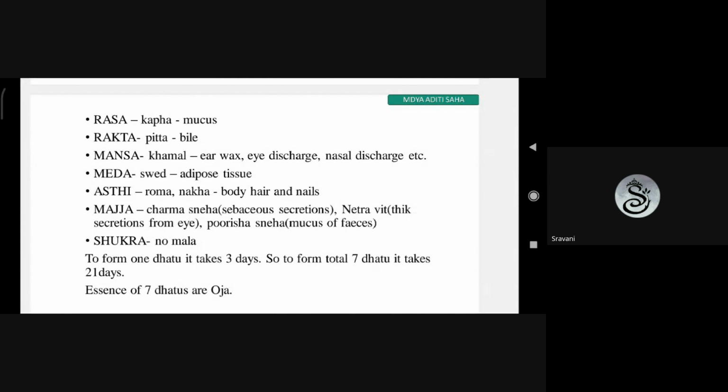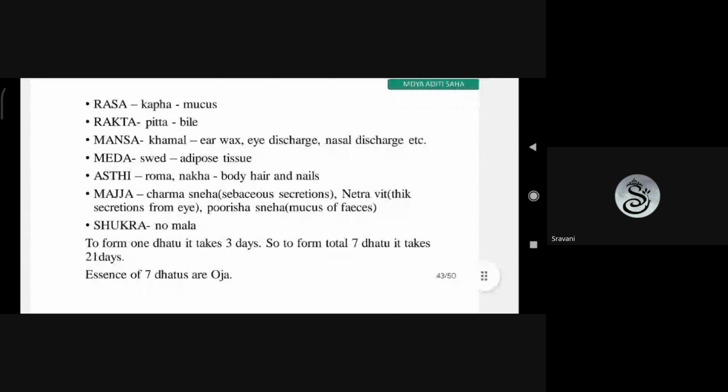So the essence of rasa is converted to rakta and the waste product is kapha or mucus. Now from rakta to mansa, and the waste product is pitta or bile, excess pitta or bile. And from mansa to meda, the waste product is khamal.